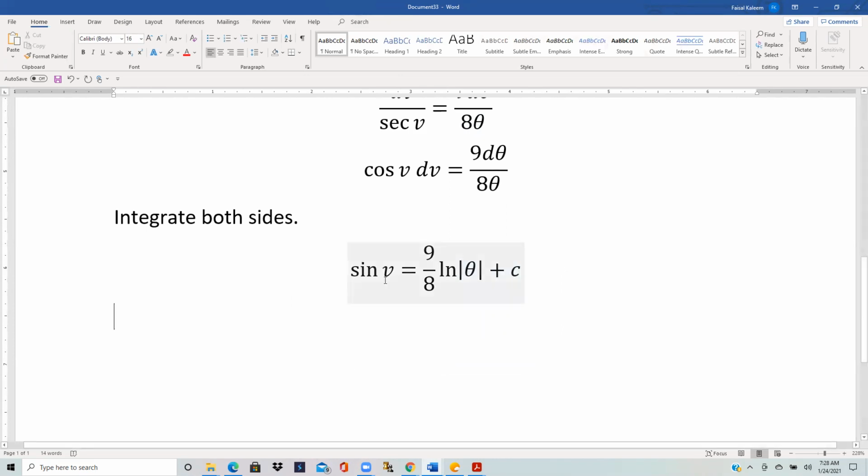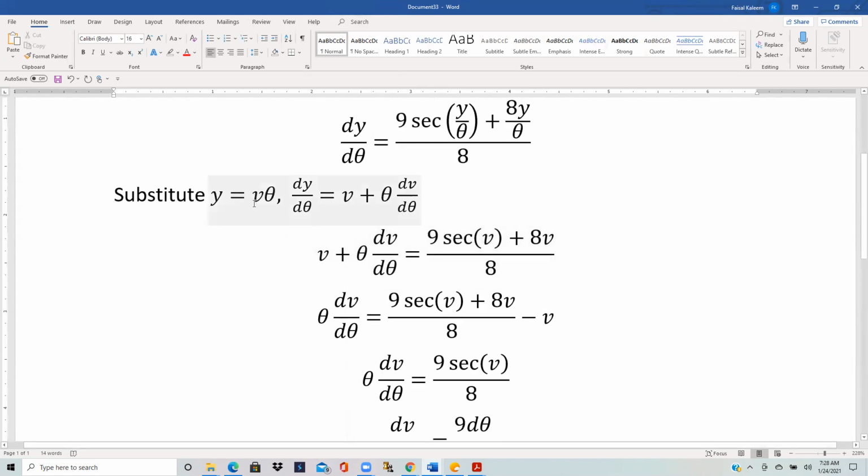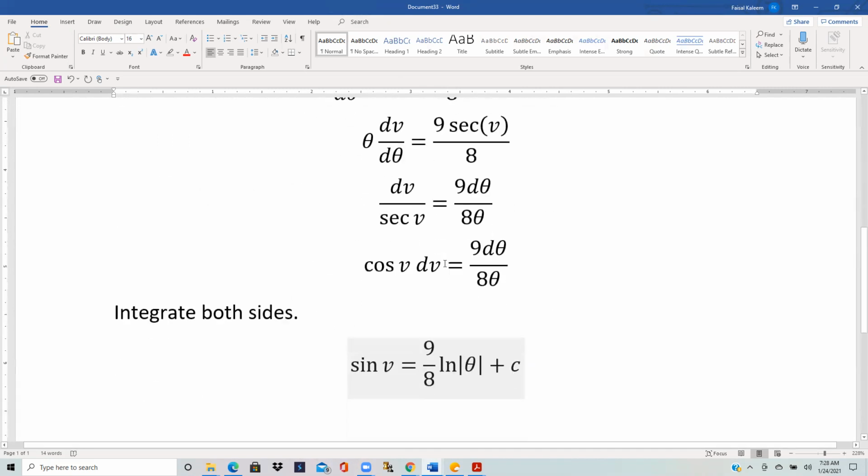And also remember that v was actually, from here, v is y over theta.